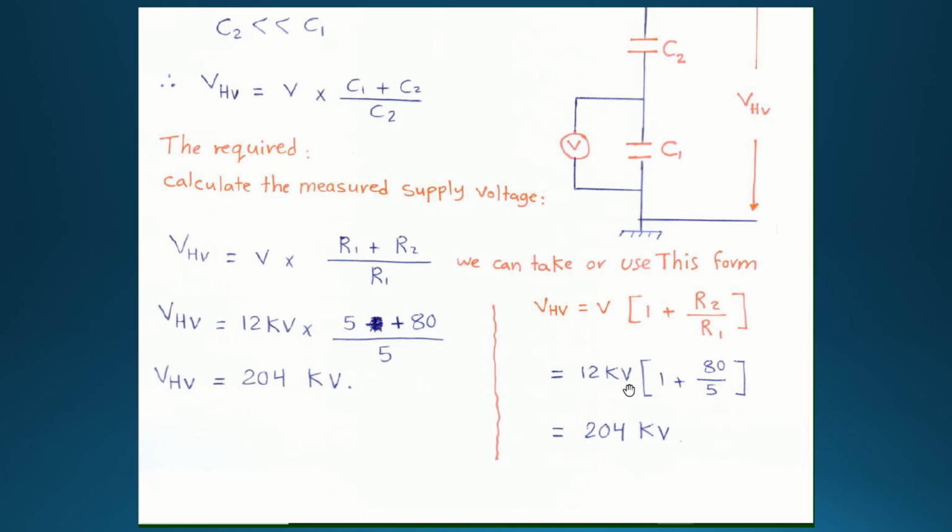So 12 kilovolt into 1 plus 80 divided by 5, you will get 204 kilovolt. Exactly, you can use either formula as you wish. Both formulas will give you the correct answer.